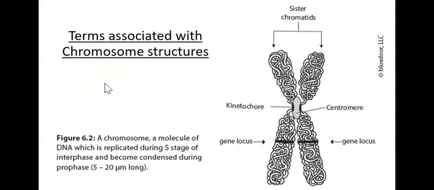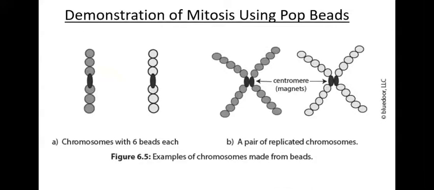So obviously we're not going to be moving around balls of yarn. Instead, we'll be moving around chromosomes that are made up of beads. And then the centromere in the middle here actually has some little magnets in it, so we can stick these two things together, but we can also separate them.